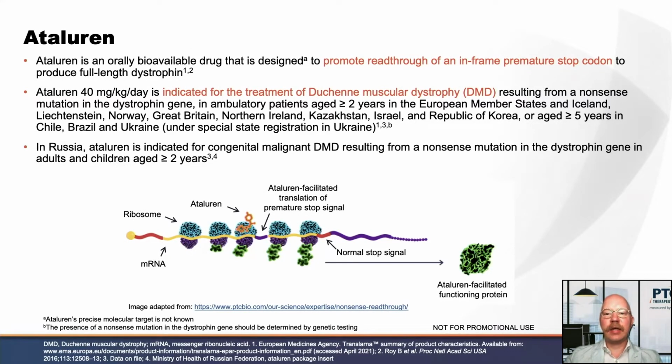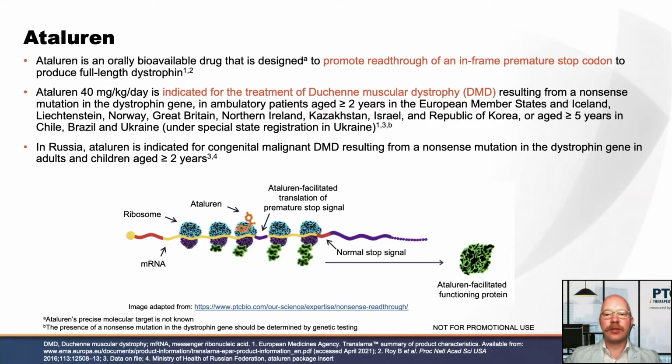Ataluren is the first and only targeted medicinal product approved for the treatment of nonsense mutation Duchenne muscular dystrophy anywhere in the world. Currently, Ataluren is available in more than 40 countries worldwide, excluding the US, where it is an investigational product.